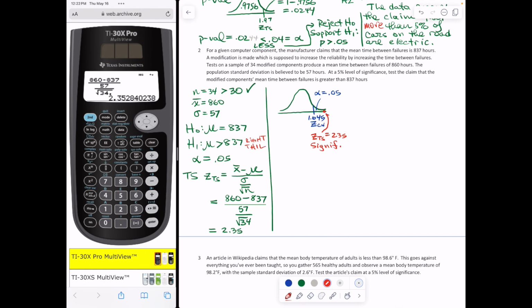Okay, and then next we want to do the p-value. So I think we'll do another little bell curve here, and this time we'll go out a little further into the tail for our test statistic, 2.35.